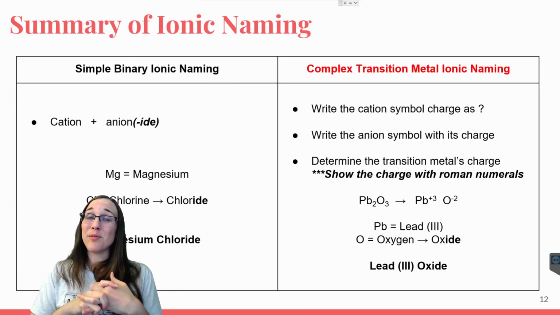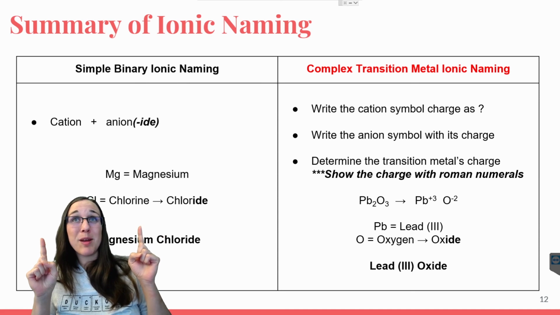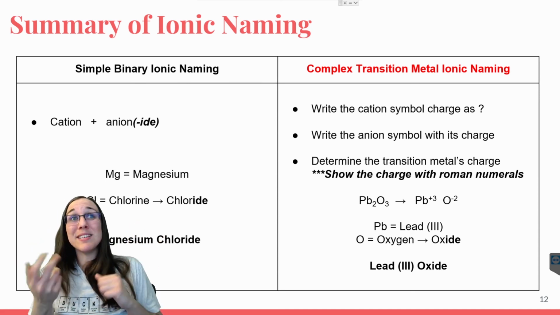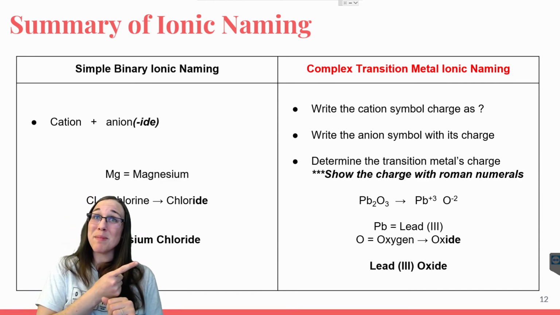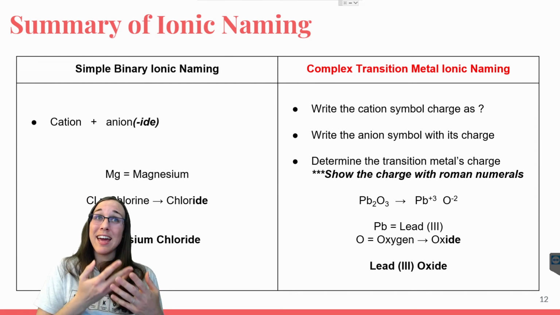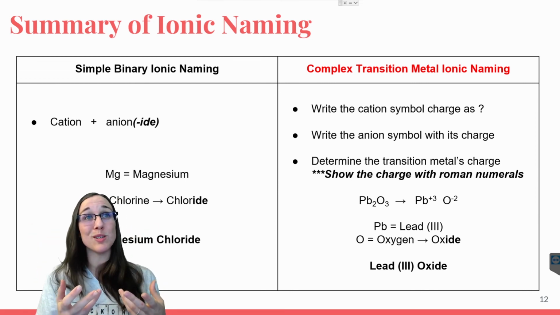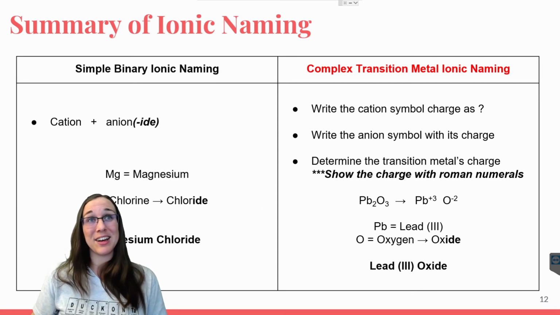So in summary, for ionic naming overall, we have our simple binary ionic naming, which we learned in the previous lesson, which is probably the easiest thing: cation plus anion ending in "ide." However, when we include transition metals over there, you need to write the cation symbol first with the charge as "what is it?" and play like you're a super sleuth. You have to figure out what that is based off of the clues that the anion leaves you with.